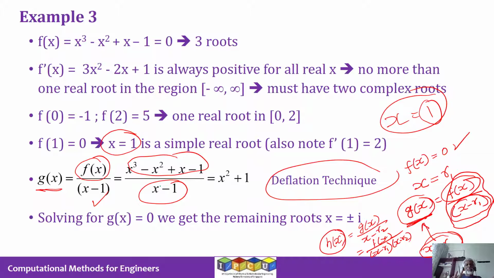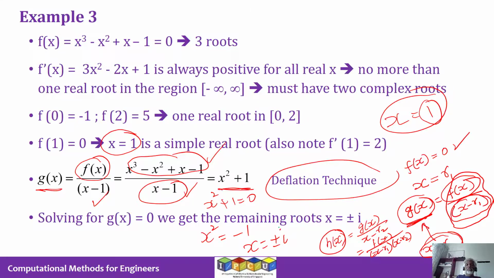This is a simple problem. We divide this third order polynomial by this first order polynomial analytically, and then we get this. So g of x is going to be x squared plus 1 in this example. If you set g of x is equal to 0, basically we are saying x squared plus 1 is equal to 0, which means x squared is equal to minus 1, and therefore x should be plus or minus i.